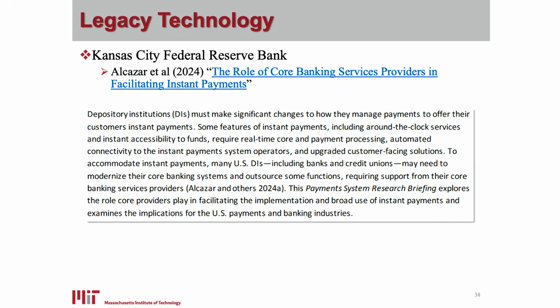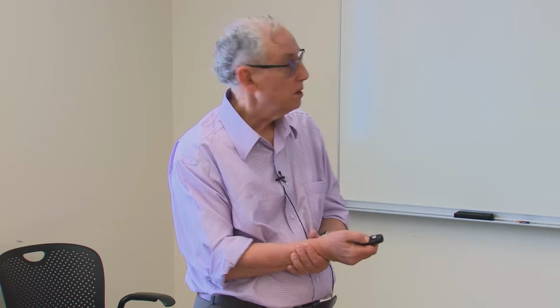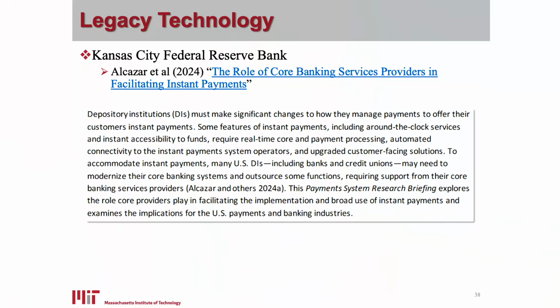So FedNow is a fast payment system that the US has finally implemented for fast, almost instantaneous payments. However, commercial banks, depository institutions must make significant changes to how they manage payments to offer customers this instant payment service.